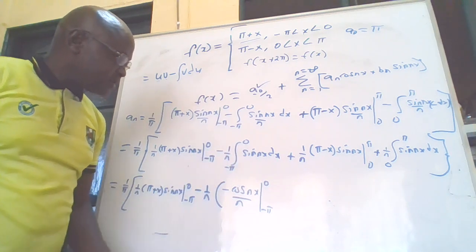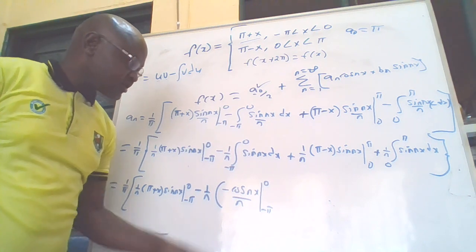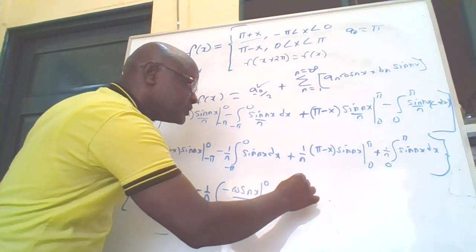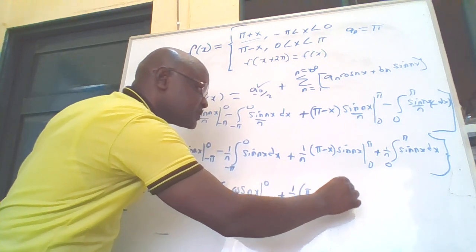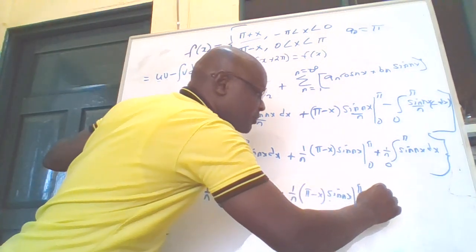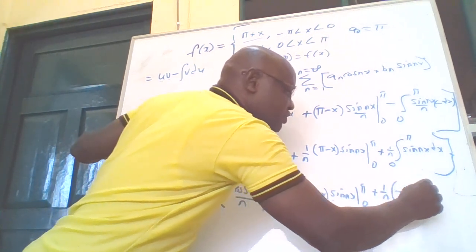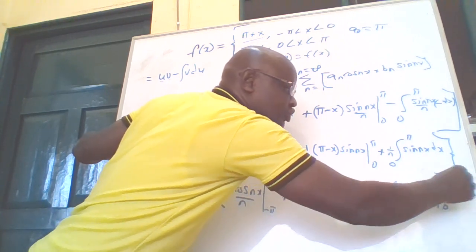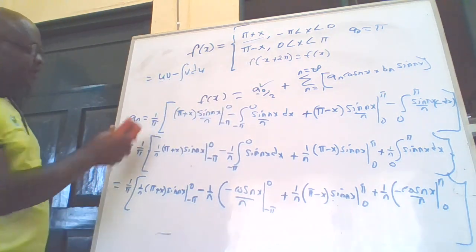When you integrate sin nx, you'll be able to get negative cos nx all over n. Then plus 1 all over n into pi minus x sin nx, then plus 1 all over n. When you integrate sin nx, you get minus cos nx all over n. That is the range of integration.